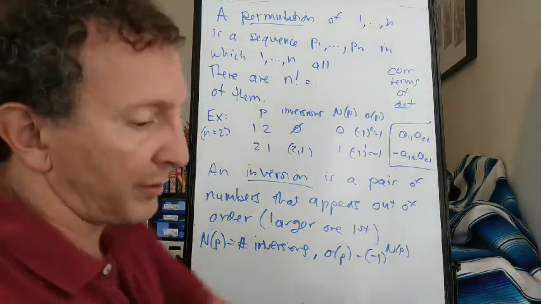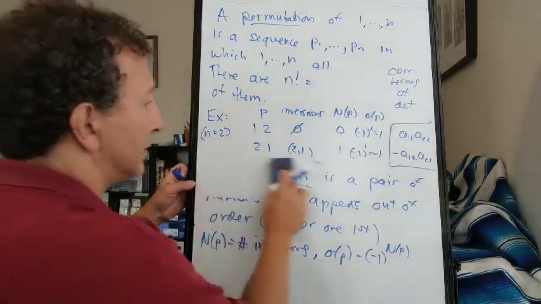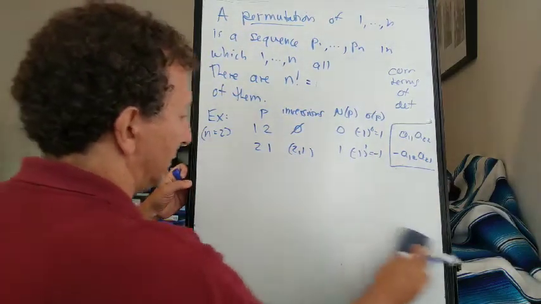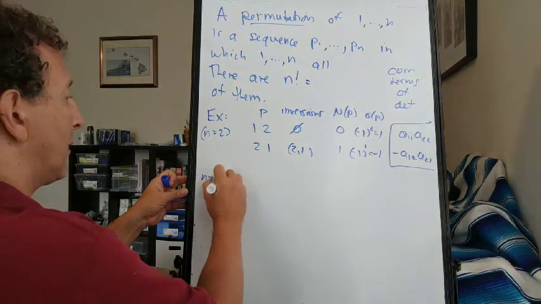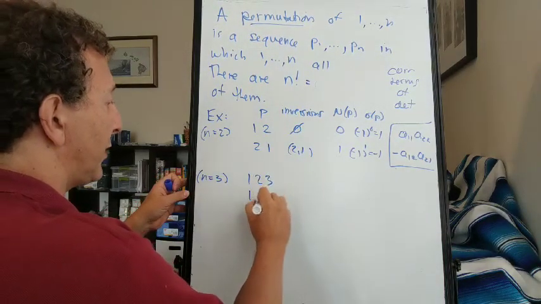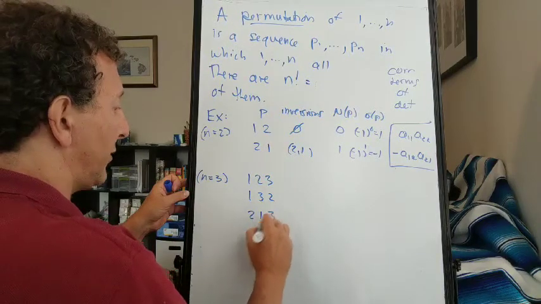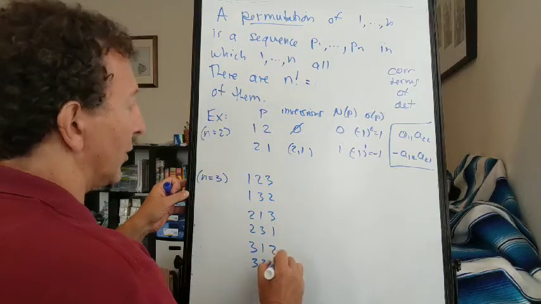Let's do this with the 3 by 3 determinant also. So we have 1, 2, 3, 1, 3, 2, 2, 1, 3, 2, 3, 1, 3, 1, 2, 3, 2, 1.